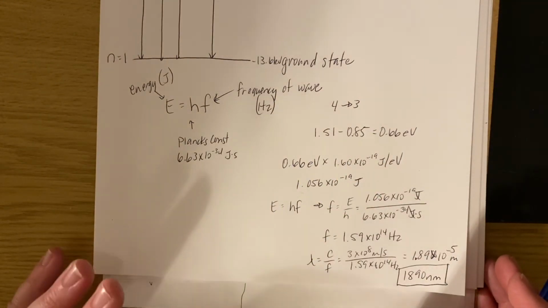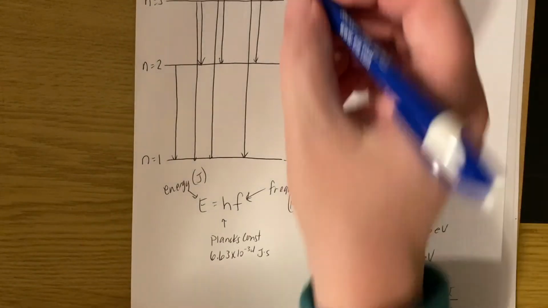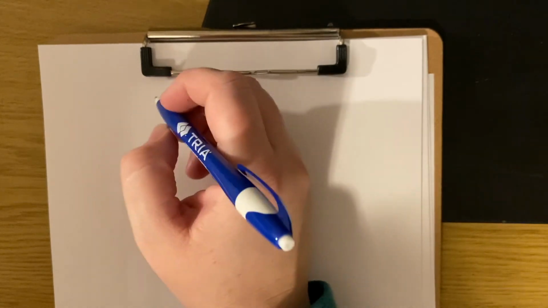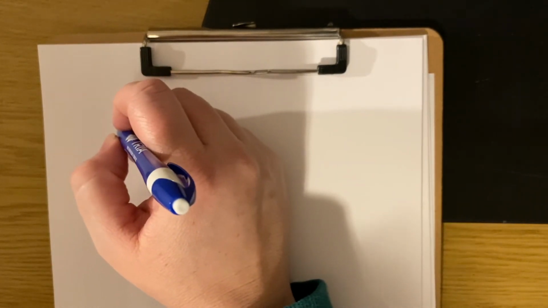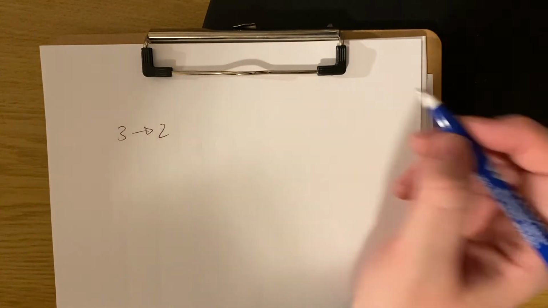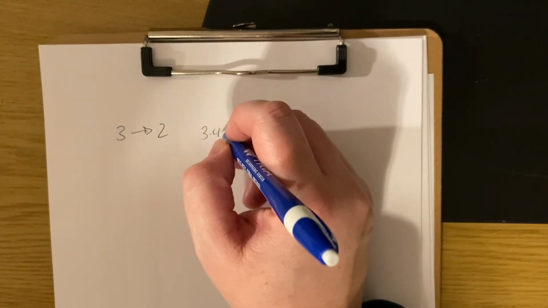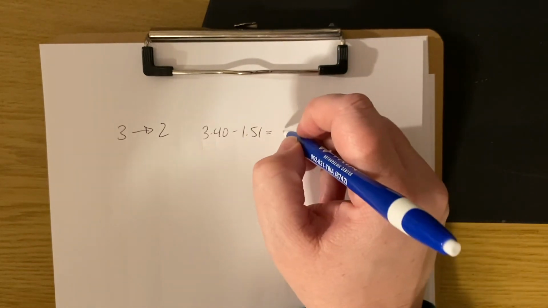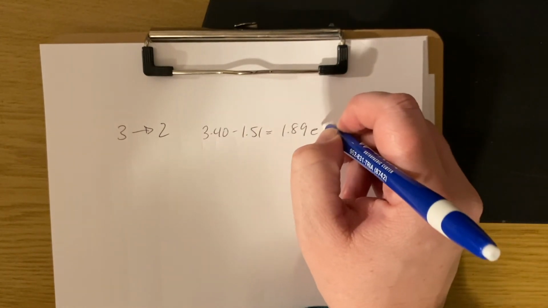If we look at a different drop, let's say we go from 3 down to 2. That was getting really small. So let's say we're going from the 3rd level down to the 2nd level. And so the numbers that we have for that, we'll have 3.40 minus 1.51, and that's going to give us 1.89 electron volts.